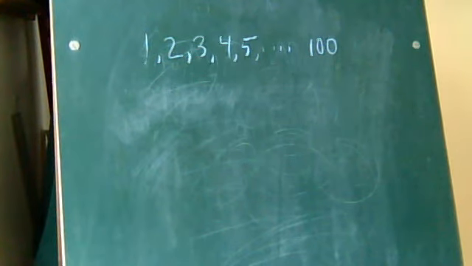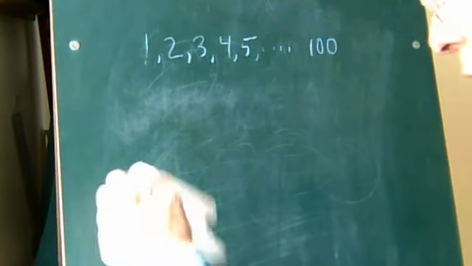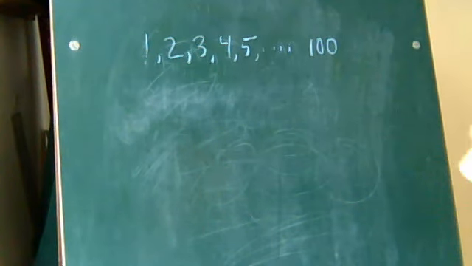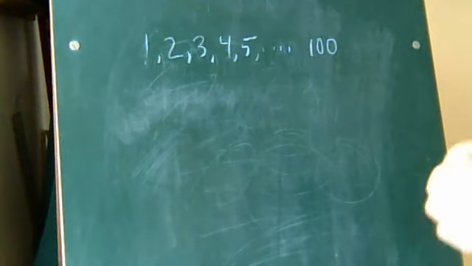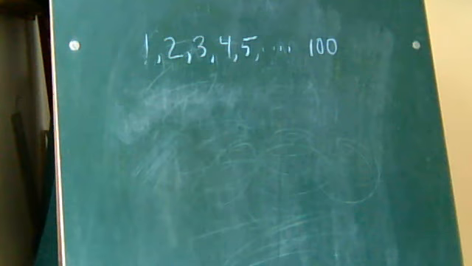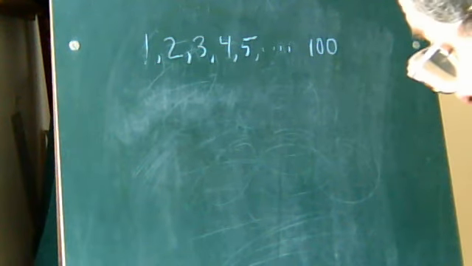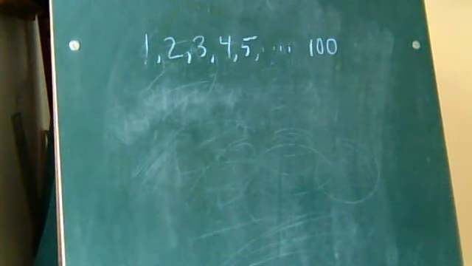Now this happens to be a problem that might have been part of a very famous story in mathematics. It has to do with a very famous mathematician named Carl Gauss. When Gauss was 9 years old, he was in elementary school.